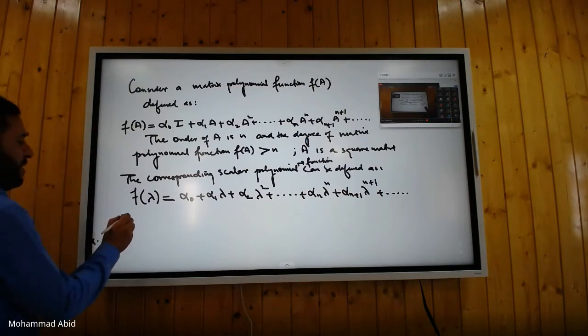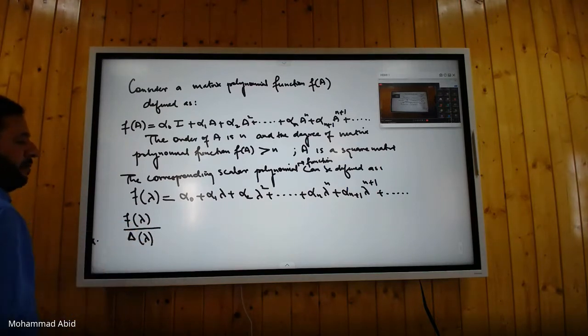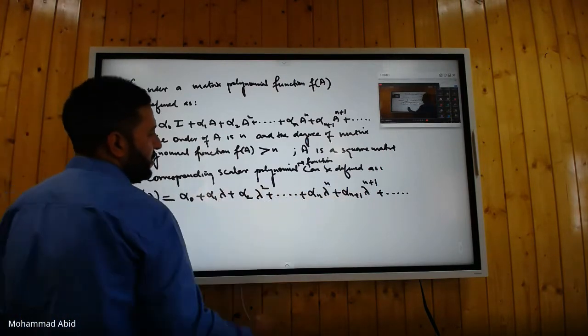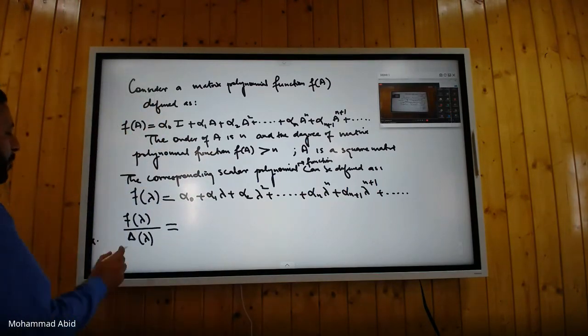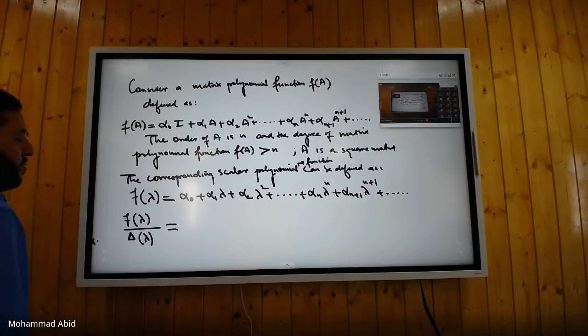I divide this f(lambda) by delta(lambda), where delta(lambda) is the characteristic polynomial of matrix A. So this polynomial, which is of degree greater than n, I am dividing by a polynomial delta(lambda) whose degree is, what's the degree of delta(lambda), which is a characteristic polynomial of A? Degree n.